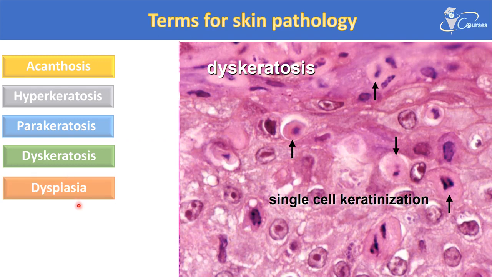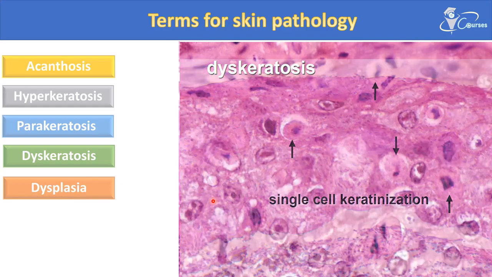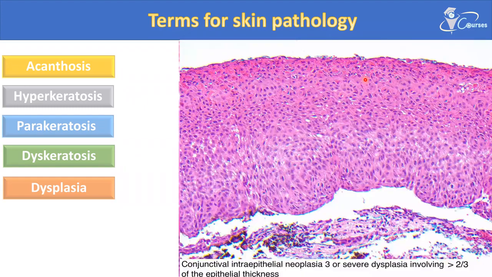Dysplasia. What is meant by the term dysplasia? This is the normal epidermis. Or this is a case of conjunctiva, so this is an epithelium.